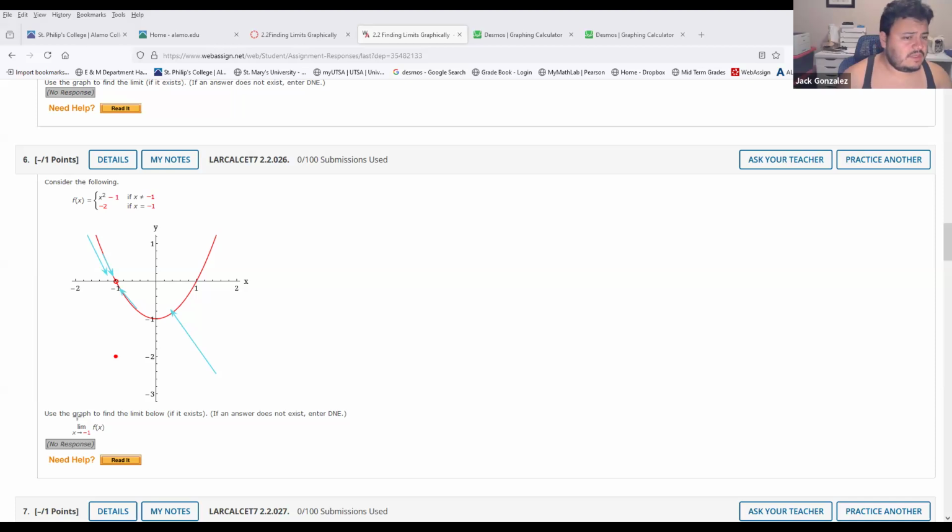We'll talk about one-sided later, but here the limit is 0. The function is defined at -2 though, because of the point here. Anyway, any question on number 5 or 6?